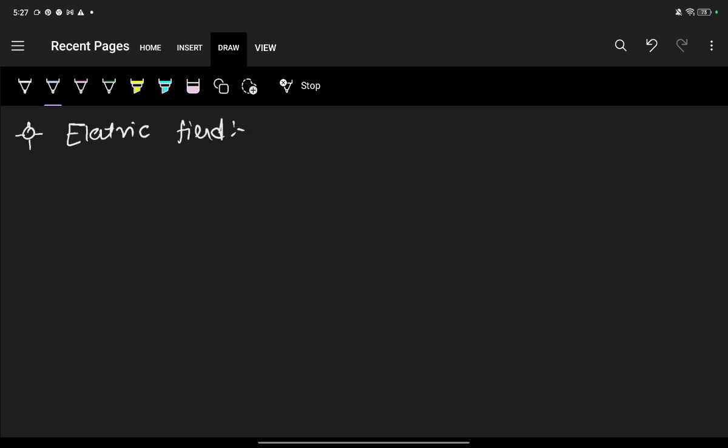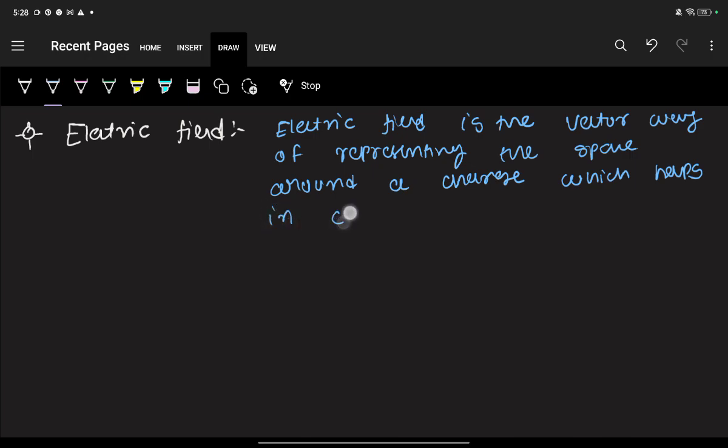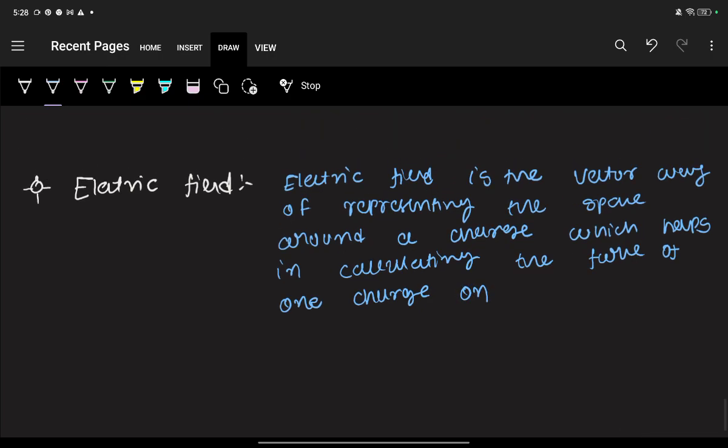So what is electric field? Electric field is the vector way of representing the space around a charge, which helps in calculating the force of one charge on the other.